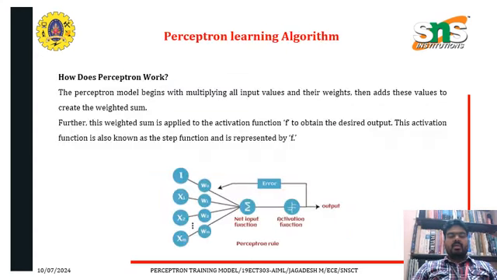So the perceptron learning algorithm, how does it actually work? The perceptron model begins by multiplying all input values with their weights, then adds these values to create the weighted sum. Furthermore, this weighted sum is applied to the activation function f to obtain the desired output. This activation function is also known as the step function and it is represented by f.